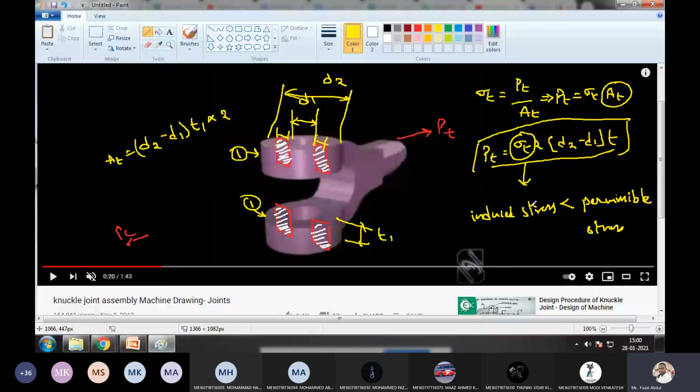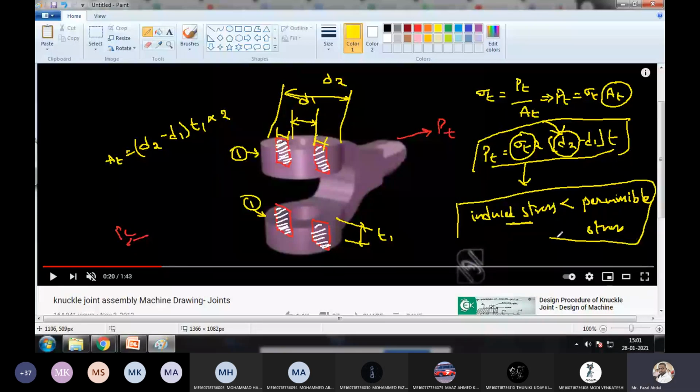If in some cases our calculated induced stress exceeds the permissible stress, then we have to check the D2 value, resubmit again here, and again get the induced stress value, check with the permissible value, then get the safe design value. Okay.